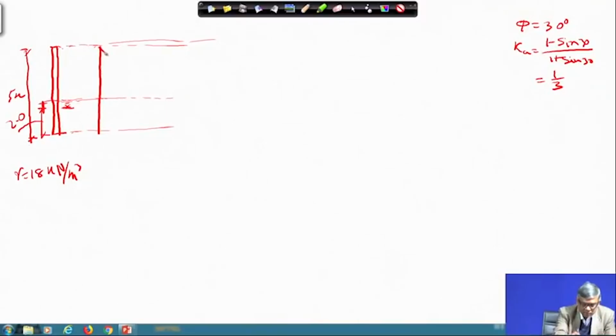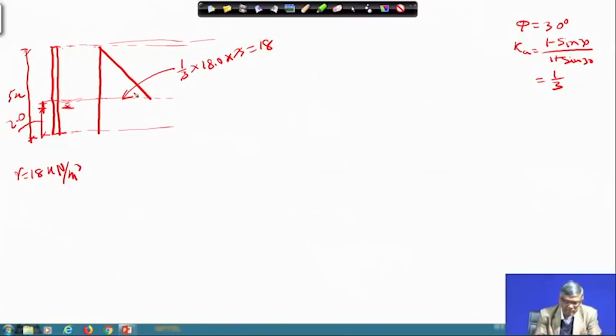So, up to it will be something like this, and what will be this value? This value will be 1 by 3 multiplied by 18 multiplied by 2 meter, so 3. So, ultimately this intensity here becomes 18.